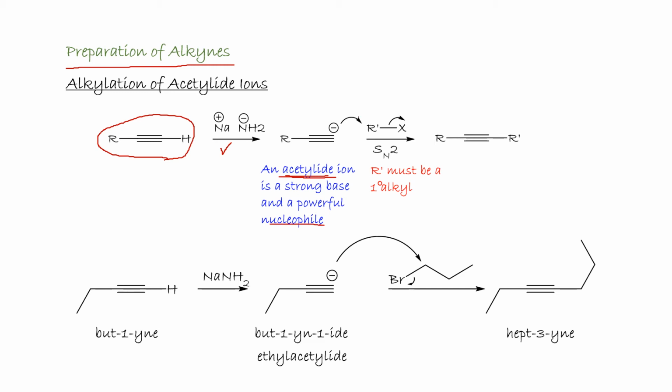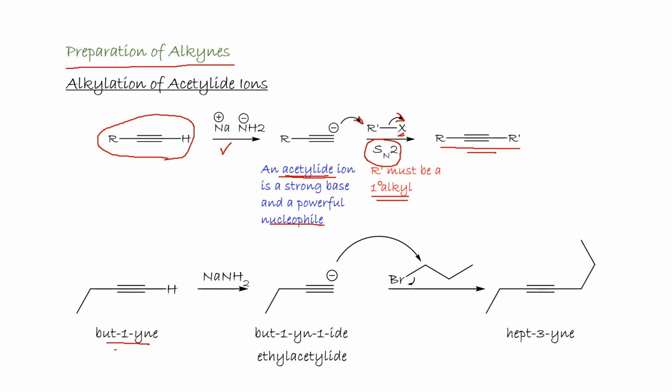So in this case it will act as a nucleophile, and if we have a primary alkyl halide, we'll go SN2 reaction with ejection of X minus to form R triple bond R prime.